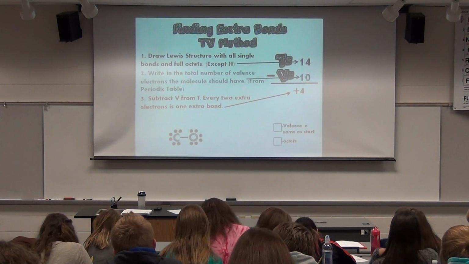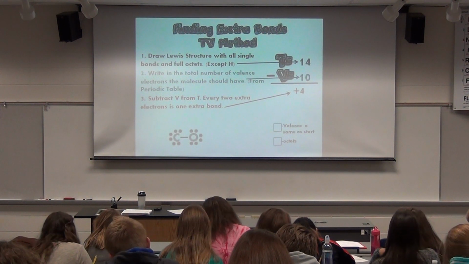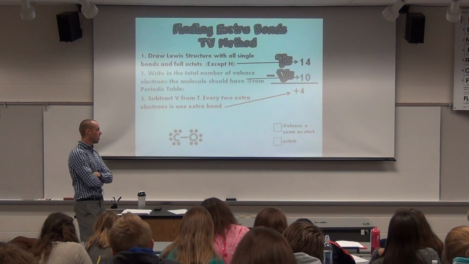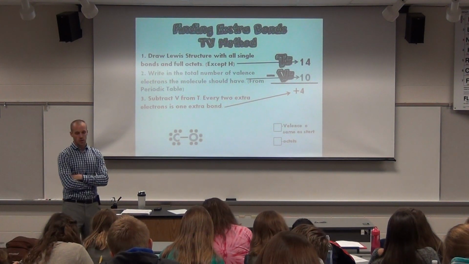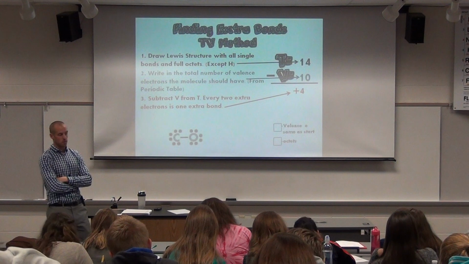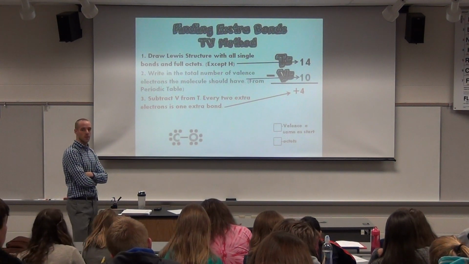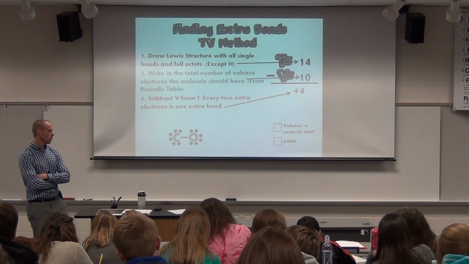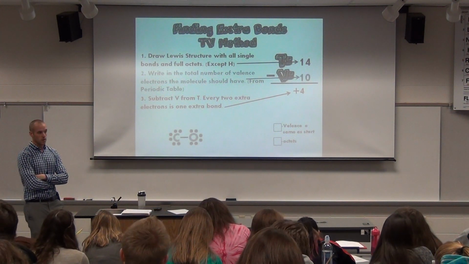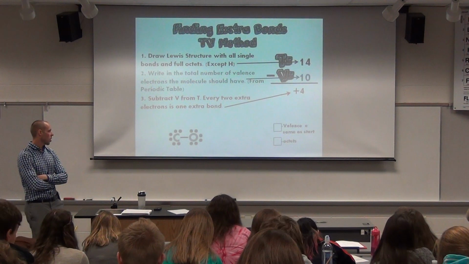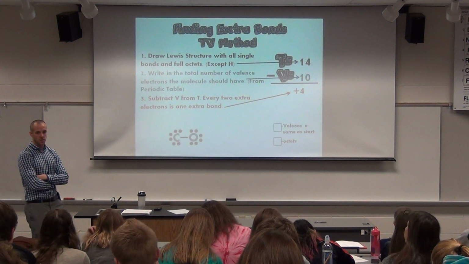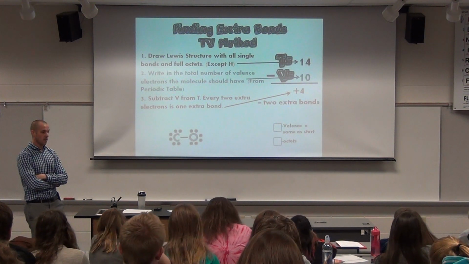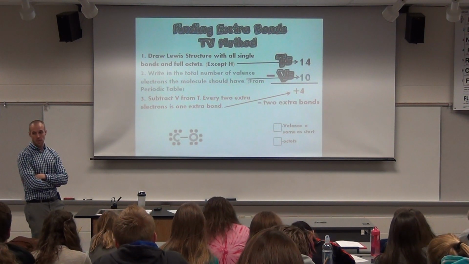We're not going to get into negatives for the Lewis structures portion, but next unit, when we get to molecular geometry, we're going to have negative values for T and V, so make sure you write plus 4 there. Every 2 extra electrons is 1 extra bond, so if I'm at plus 4, that means I have 2 extra bonds. That would be that double and that triple bond that we had.